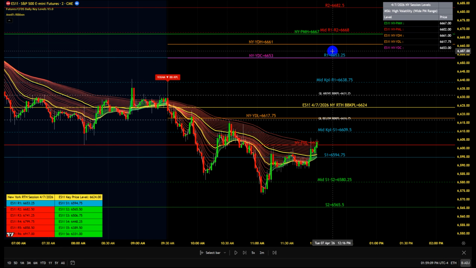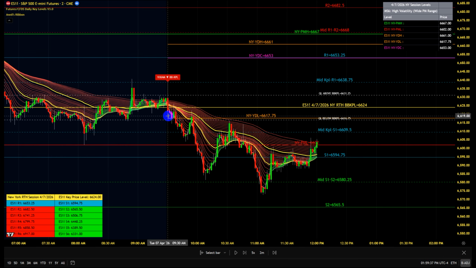Market scenario 6 is where the entire pre-market range, PMH to PML, is completely outside of the YDH to YDL previous RTH session range, whereas the PMH is above the YDH and the PML is below the YDL.